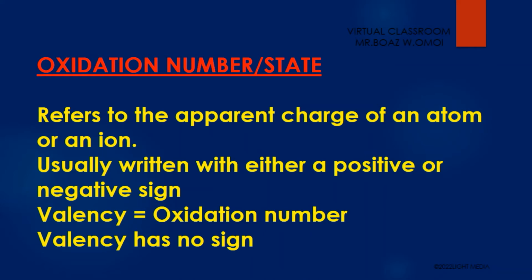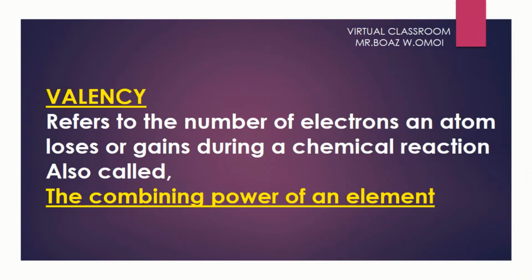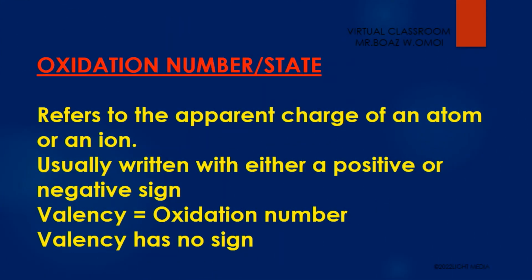Now, what I'm trying to say is that oxidation number or oxidation state, sometimes it is used interchangeably as valency. Valency and oxidation state go hand in hand. So don't worry, as I'm going to give you an example later on.